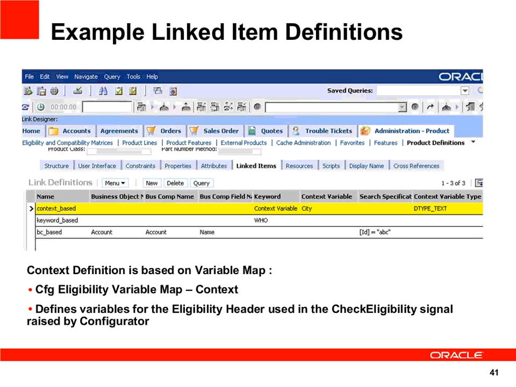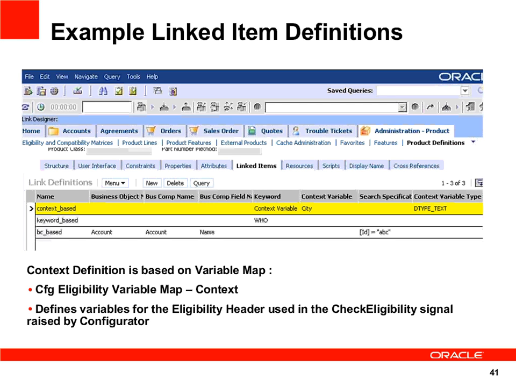Which variable map is used? Out of the box, we will always use the CFG eligibility variable map context. And you can define additional variables and use them when the check eligibility signal is called by the configurator. The advantage of the context service, or of this possibility, is that the variables from the variable map have a lot of possibilities for how they can be defined.